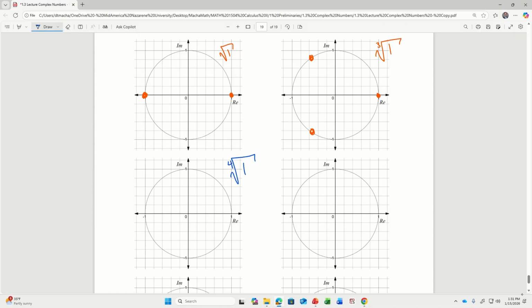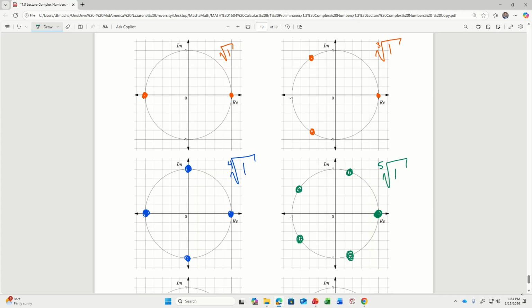Here are the 4th roots of unity. If you can't tell, the little circle I've inscribed here is the unit circle in the plane. So it's all e to the i thetas. And then the fifth roots of unity are like here.